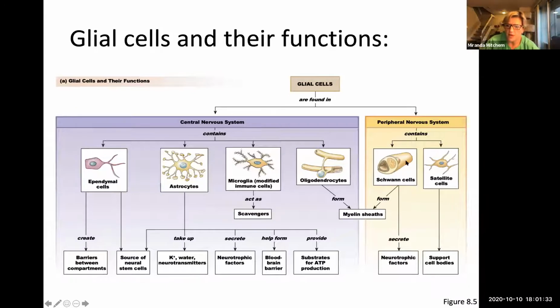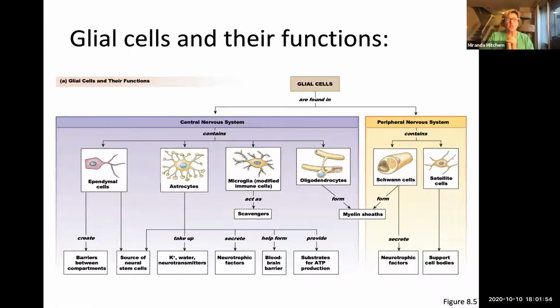Okay, moving now into the central nervous system, we've got ependymal cells, which are a stem cell progenitor for different nervous system cells. The ependymal cells are also important structurally themselves.